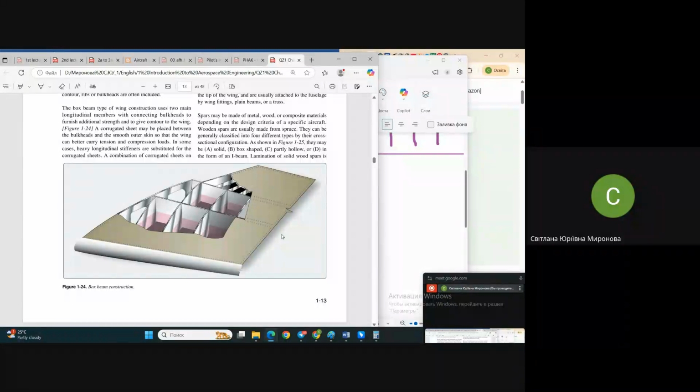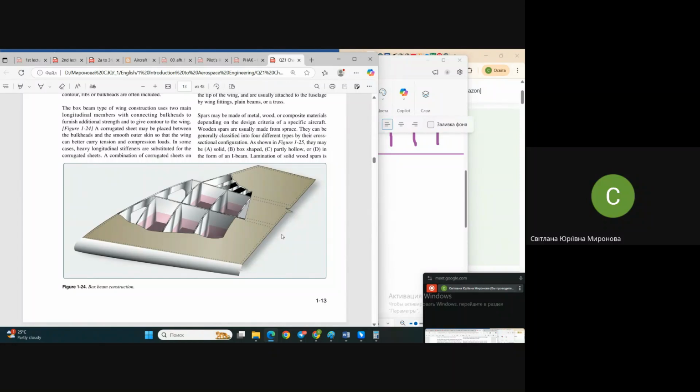Transversal elements are usually called ribs. There are other names, depending on the thickness and the place where it's used. It may be called a diaphragm, for instance, when the rib is rather thin and delicate.